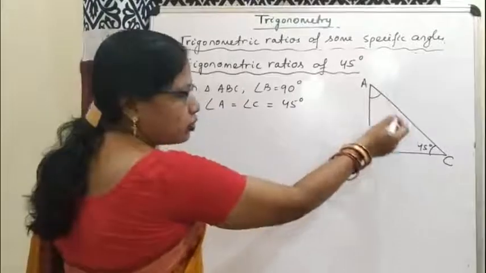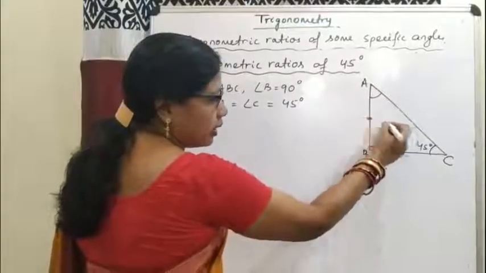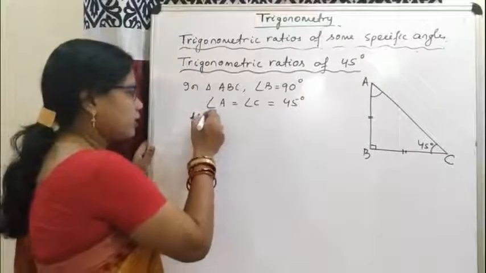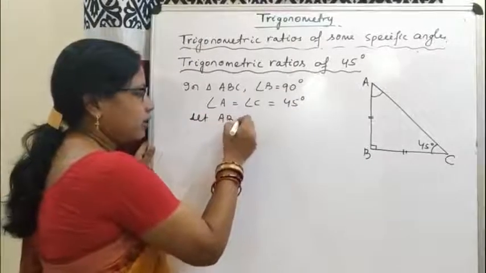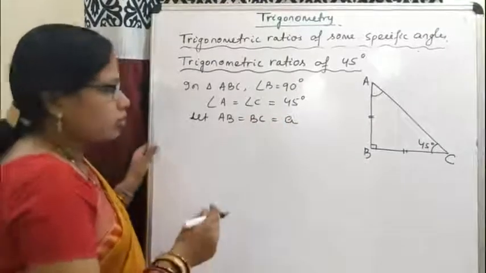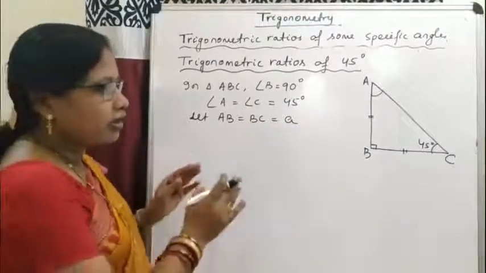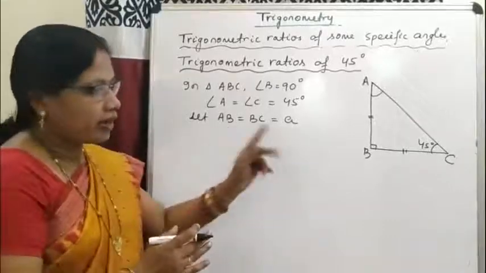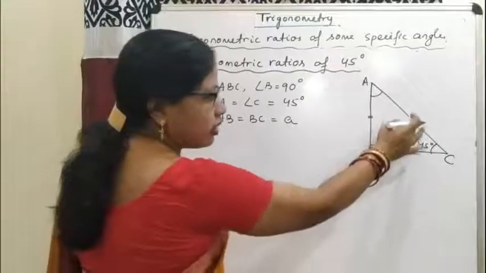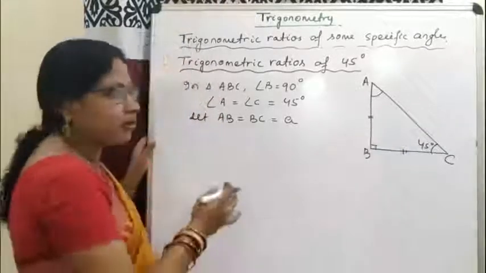If these two angles are equal, then AB will be equal to BC. So let AB is equal to BC is equal to a. Now we will find the trigonometric ratios of angle C. To find the trigonometric ratios, we have to first find the length of AC.